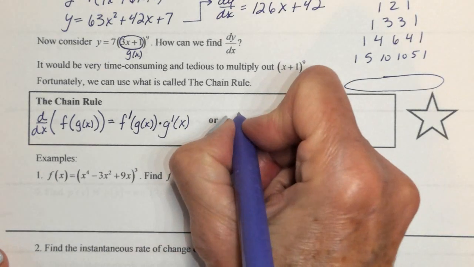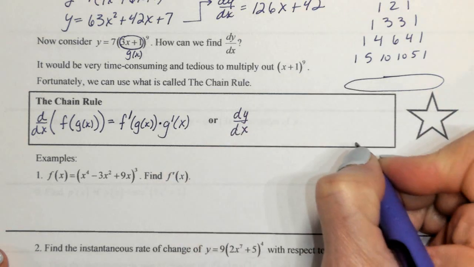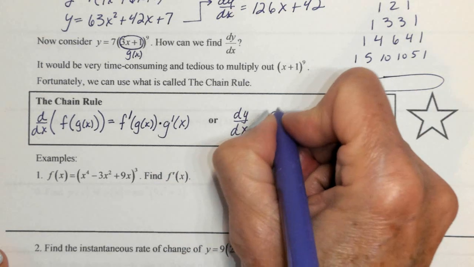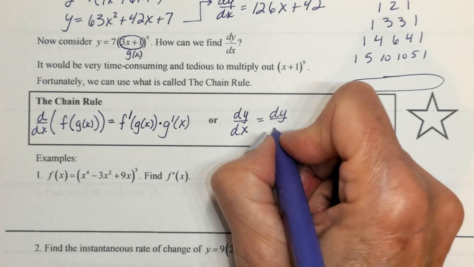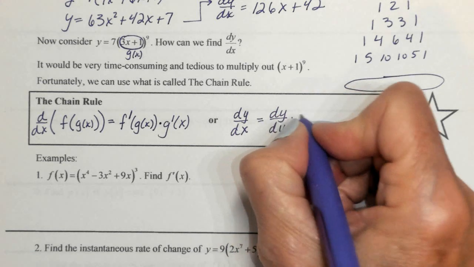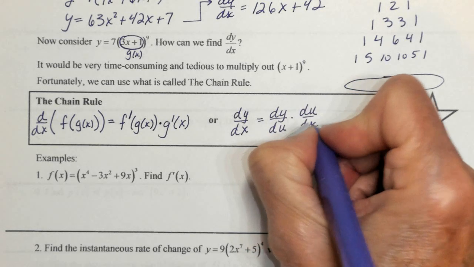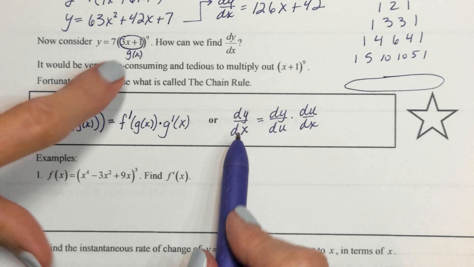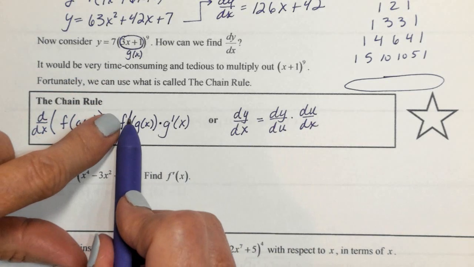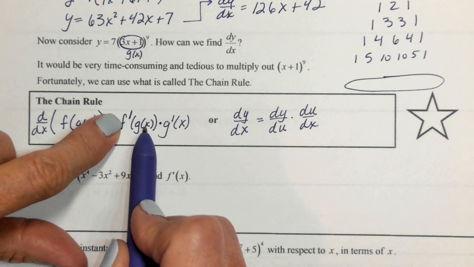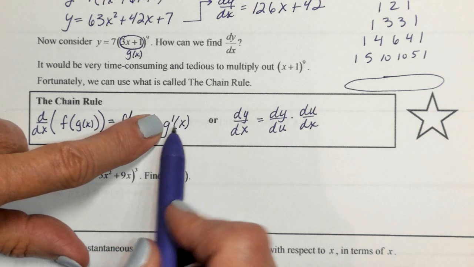Another way to think of it, to find dy dx, we can take the derivative of y with respect to a different function. Let's call it u. And then multiply by du dx. In this case, the u is the 3x plus 1. So first we're taking the derivative with respect to u, and then we're multiplying by du dx.